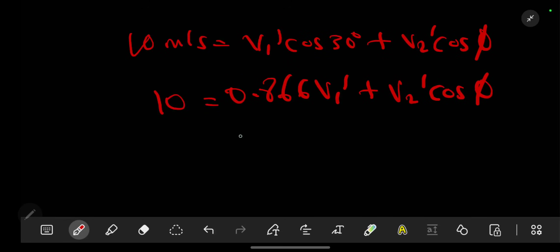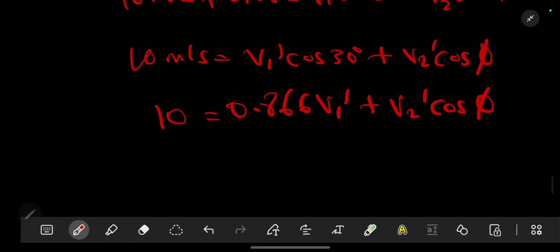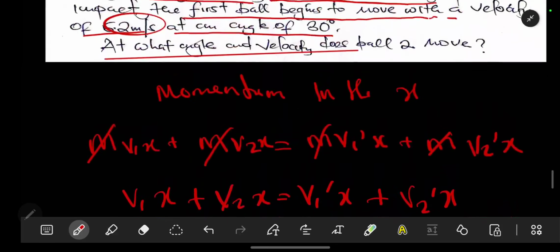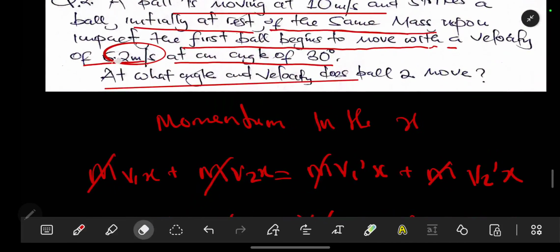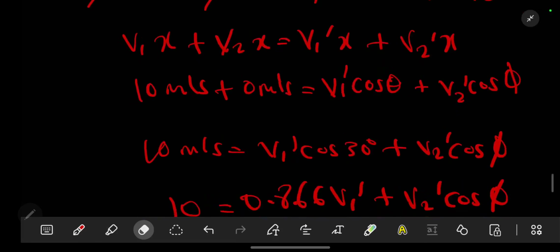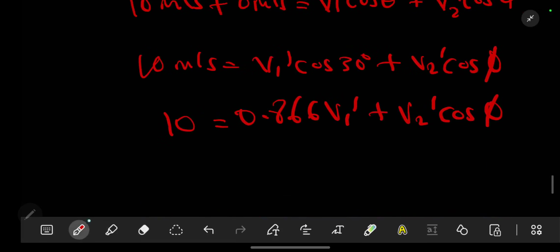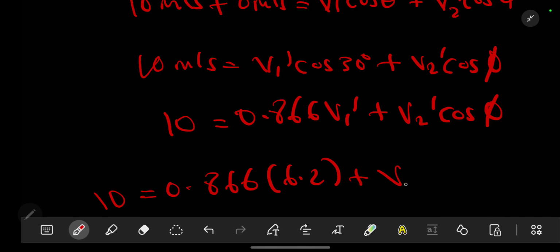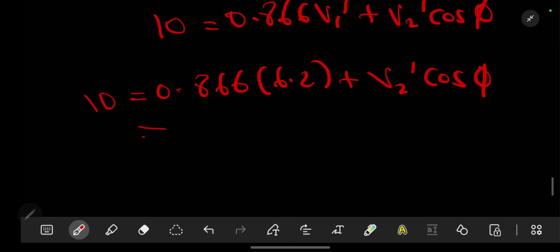Then we are done with everything that we can do to this equation. Not forgetting V1, they have told us that it starts to move at 6.2 meters per second. So let's put that. We have our 10 should be equal to 0.866 times our 6.2, plus our V2 cap cos of this angle.